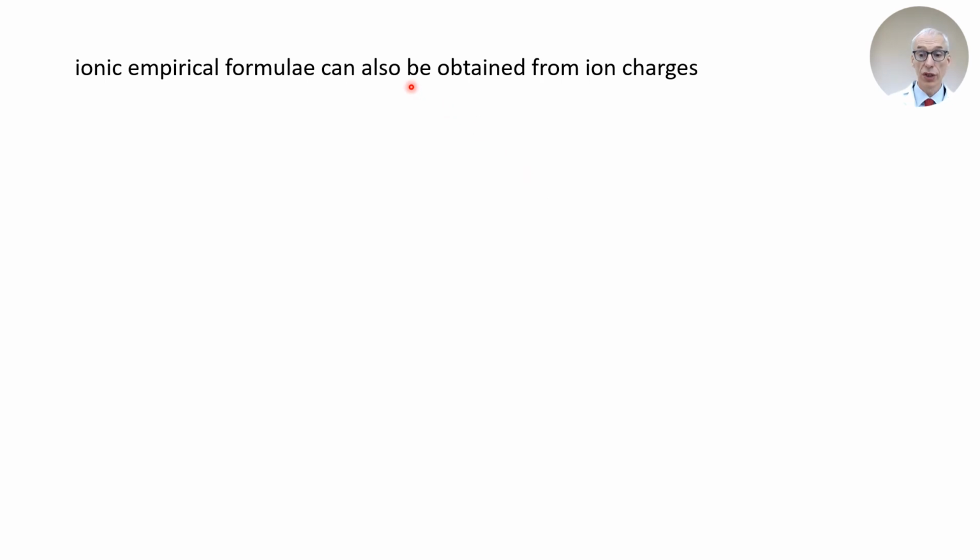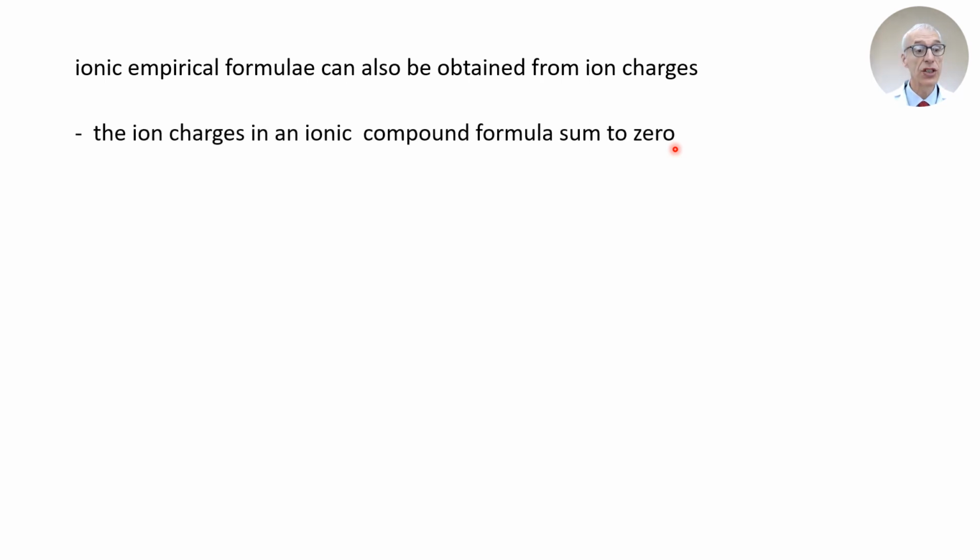We can also work out the empirical formula for an ionic compound from the ion charges of each ion in the compound formula, because those ion charges should sum to 0, add up to 0. Let's take an example, sodium oxide. Well, we know sodium is in group 1, so it's a +1 ion.